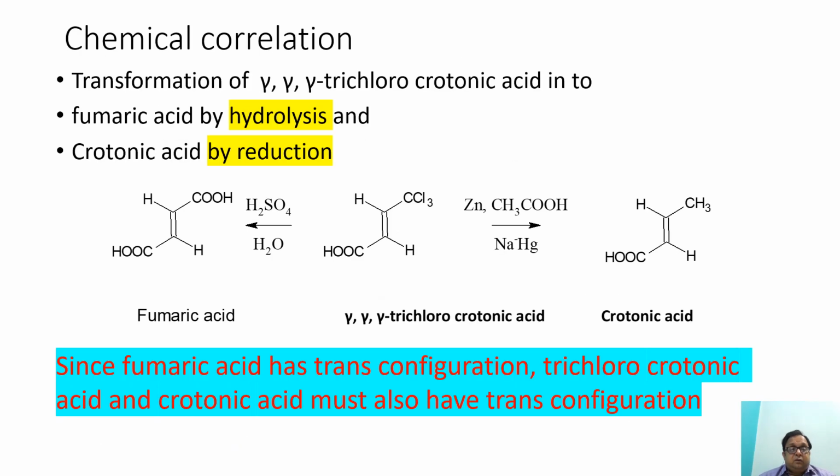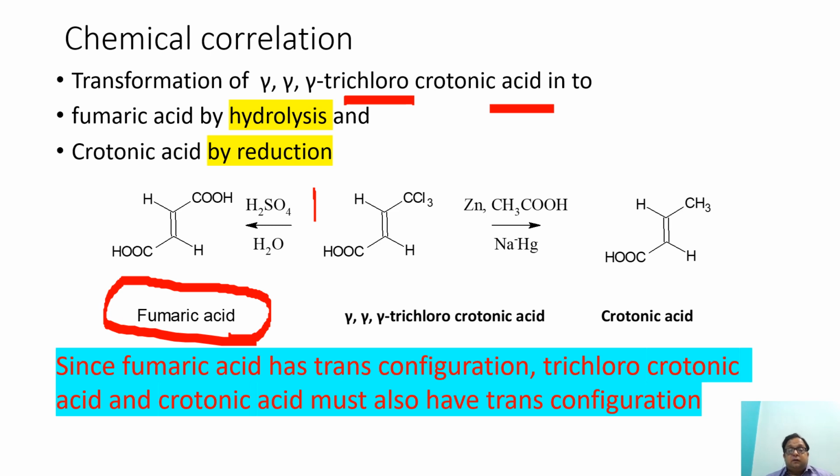In this chemical correlation method, trichlorocrotonic acid is hydrolyzed in the presence of sulfuric acid to fumaric acid and reduced to crotonic acid in the presence of zinc, acetic acid and sodium amalgam.